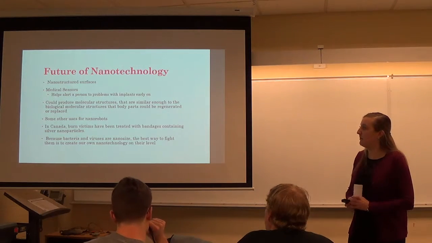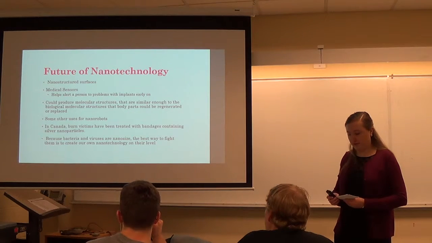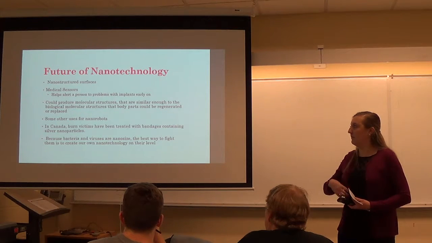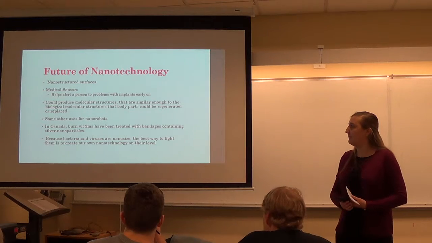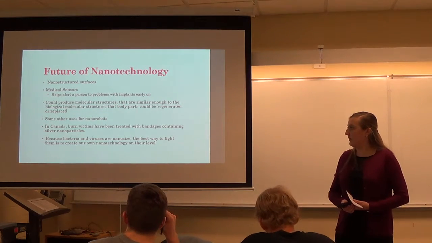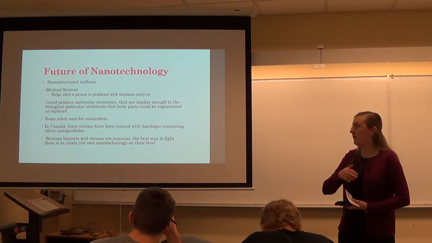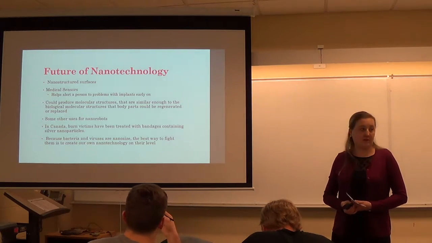And then they also have medical sensors, which help alert a person to problems before something really bad happens. And they can produce molecular structures that are similar enough to biological molecular structures that body parts can be regenerated or replaced.